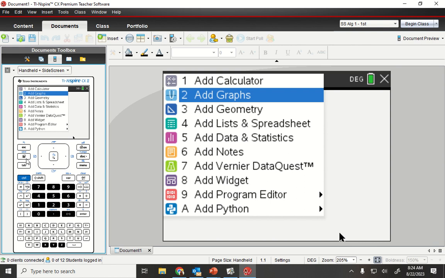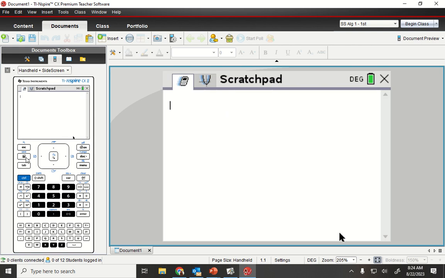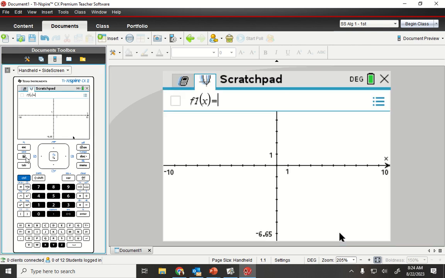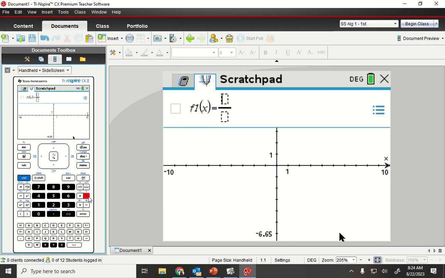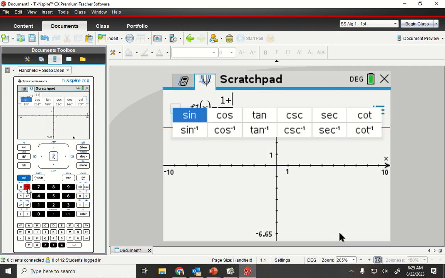All right, so second button is going to give me the scratch pad, and then hit scratch pad one more time. It's going to bring up my function. Now I'm going to do my fractions, so that's going to be control divide, 1 plus sine. So right below control, there's a trig button. Yep, and hit scratch pad again to get the graph.